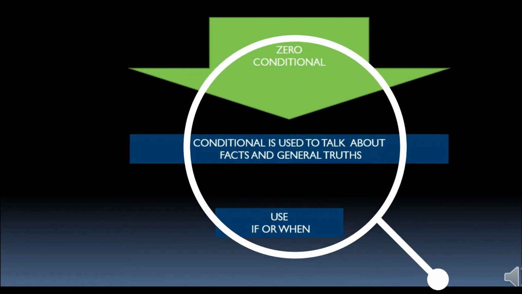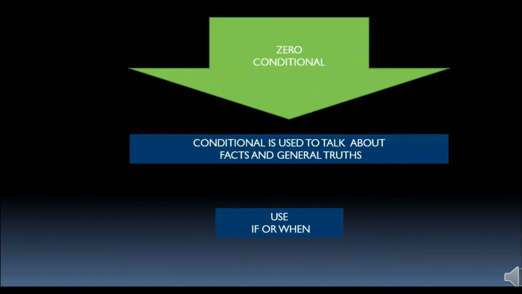We use the zero conditional when the result of the condition is always true, like a scientific fact. The result of the condition is an absolute certainty. We are not thinking about the future or the past or even the present.